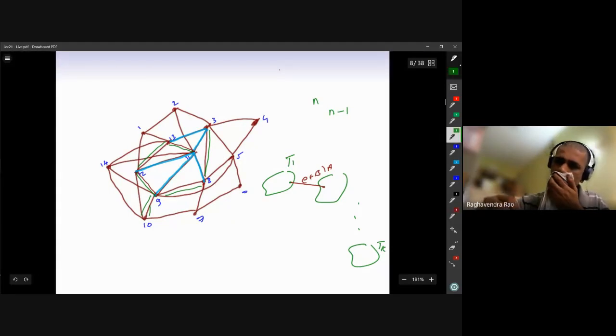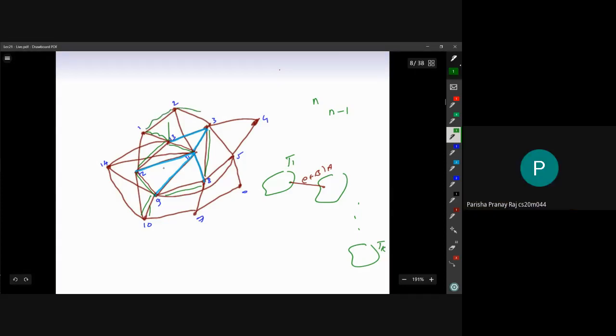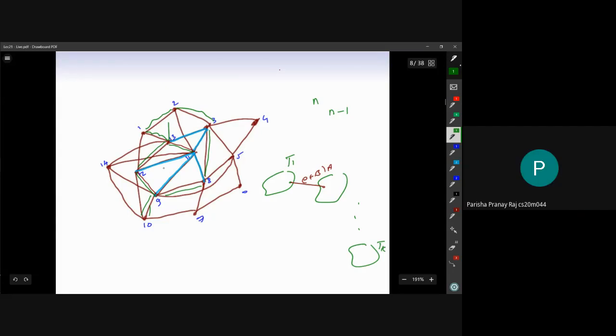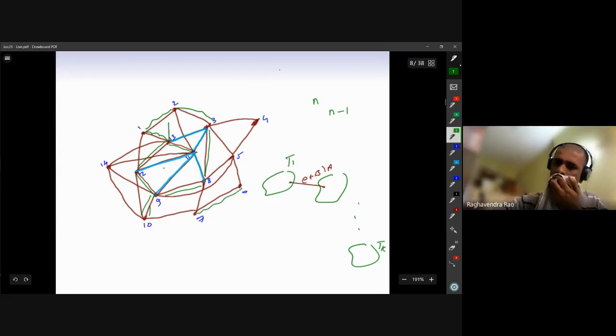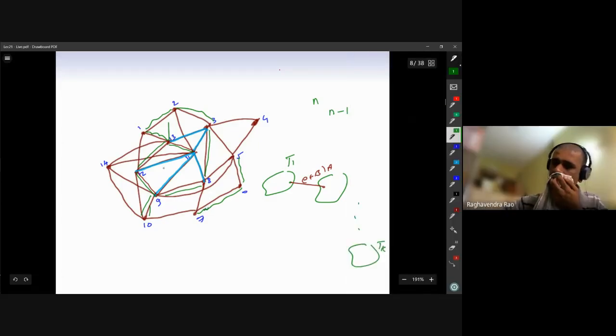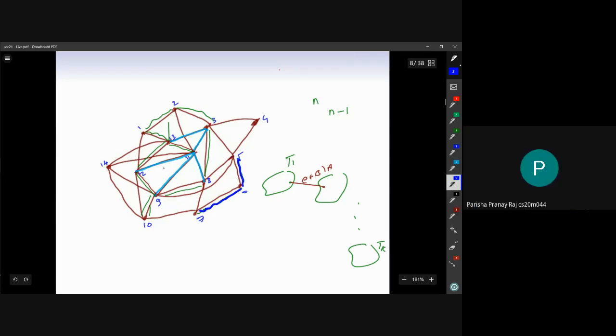My B is 1-2-3. And my A is 7-6-5. This is A. Sorry, it should have been a different color. I'm not understanding in this case what that statement means.